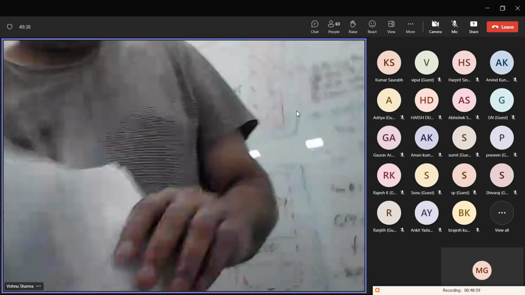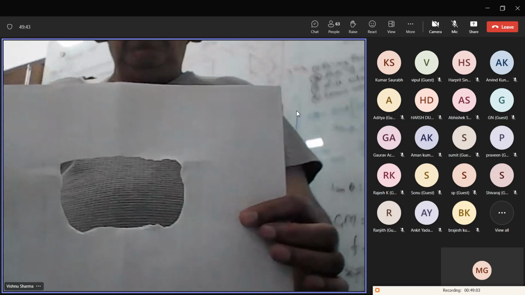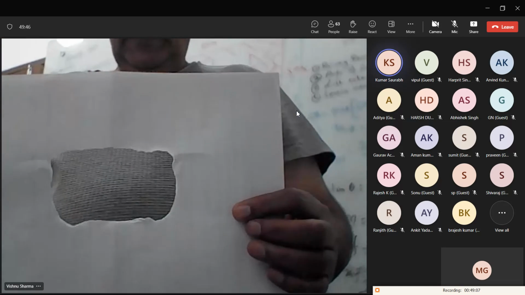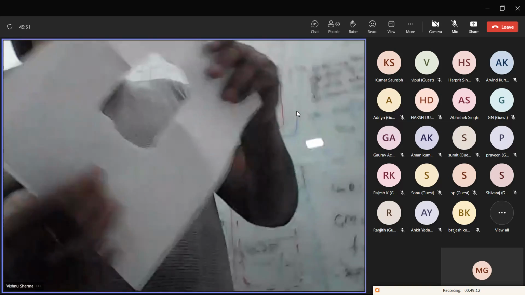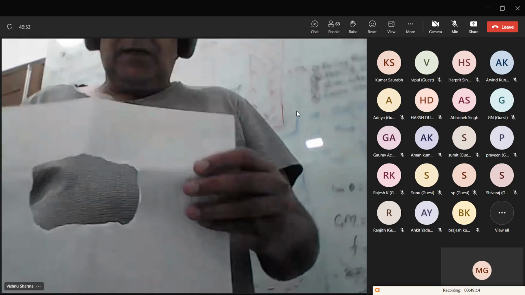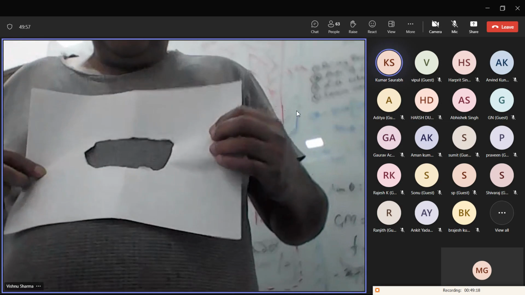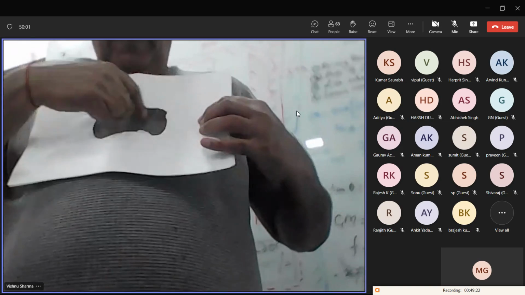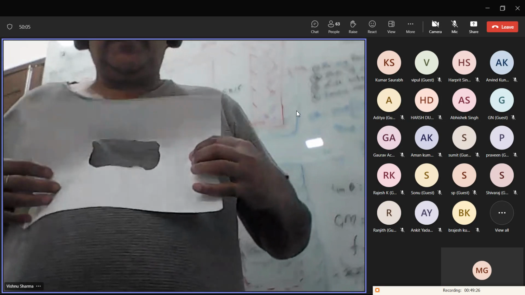So B can be anything. What have I done? I have removed some area of the book page, correct? If I remove this from all the pages, these are two pages from which I removed the identical area. Now, what am I left with? This remaining area I am calling the intact area of the page, because the other area is lost. I have lost this part of the area. The remaining area is intact.